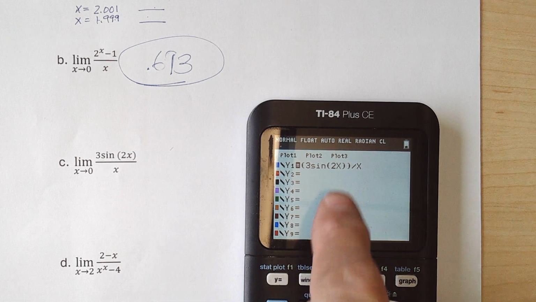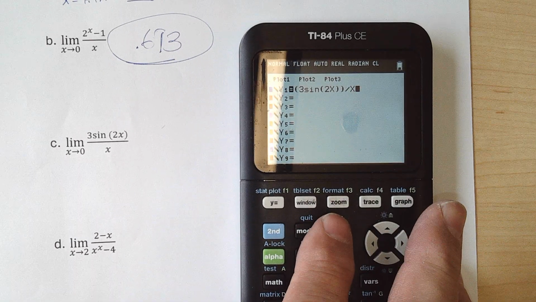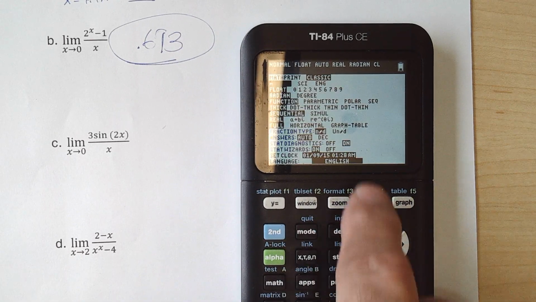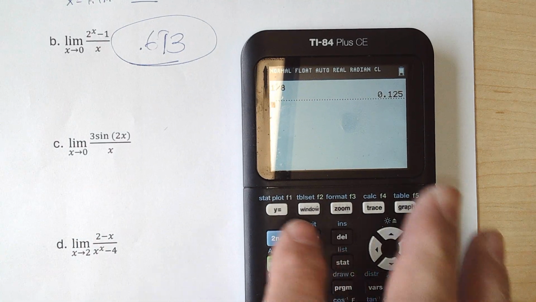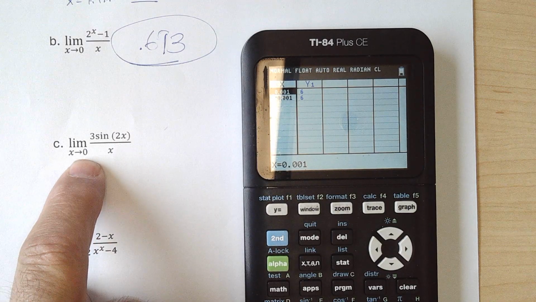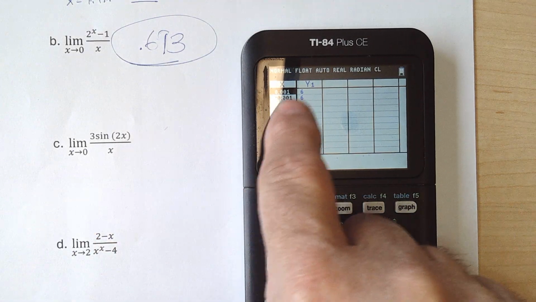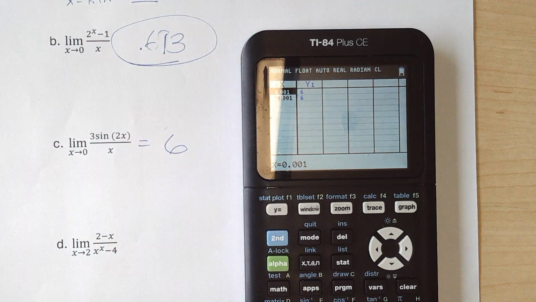And if I'm doing sine or cosine, I want to make sure my mode is in radians, and it is. And in Desmos, you have to make sure it is. And so then I'm going to look at my table, and now I'm supposed to be close to 0 again. Well, I've already got those in there, and it looks like it's going to be 6.